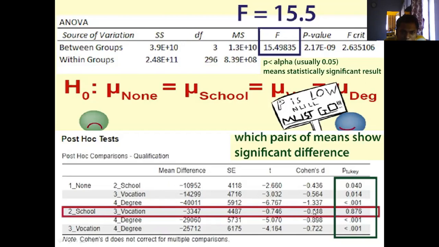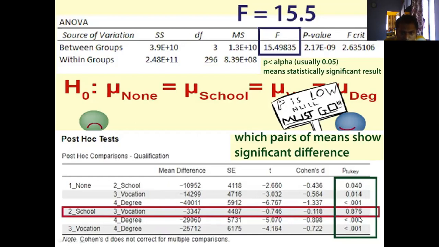But in this particular case, you can see that the p-value is 0.876, and your alpha value was 0.05. So the p-value is greater than your alpha value, 0.876. So this is not significant.